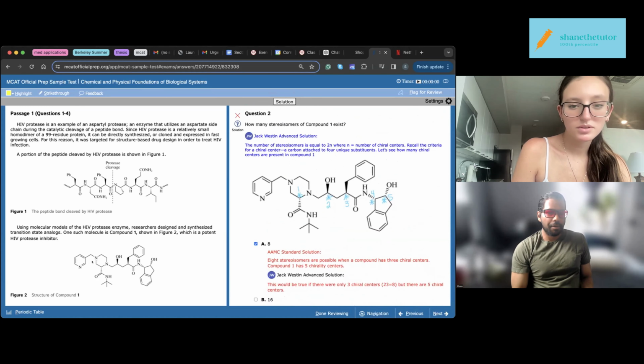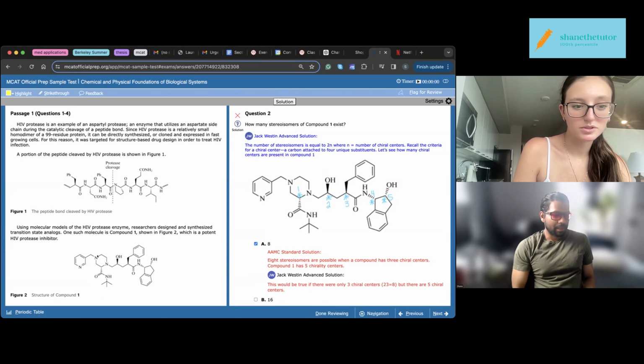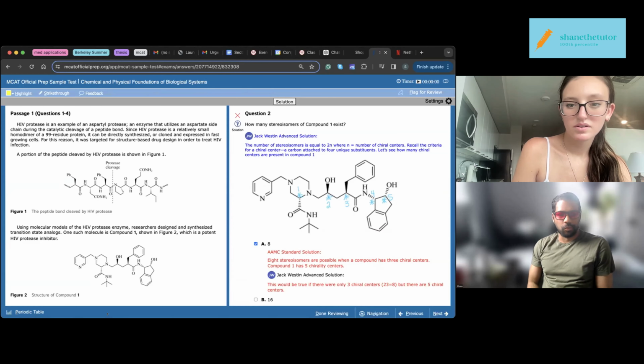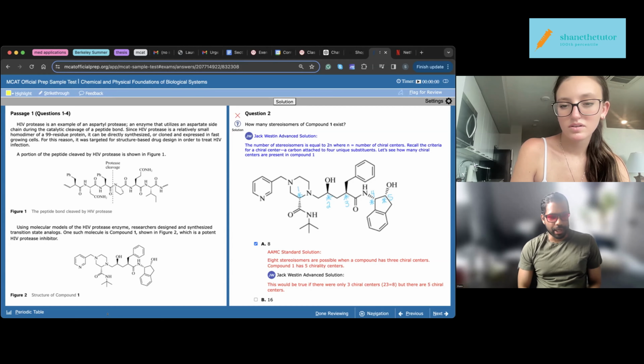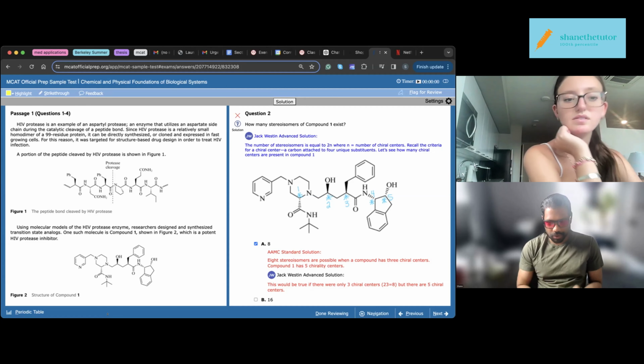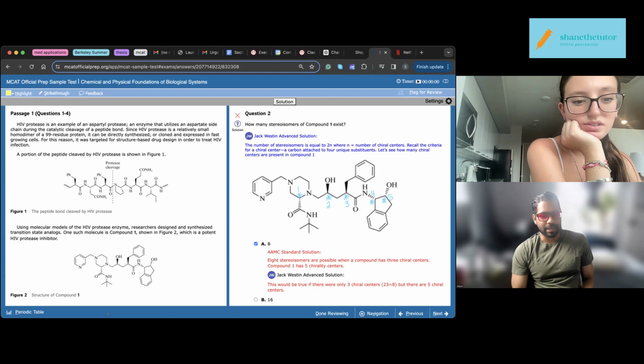I was confused with this one because I literally started counting out every single one, figuring out where the stereoisomers were. To answer questions like this, we just count the number of chiral centers, and a trick for that is if you see a carbon attached to a wedge of some sort, that must mean it's a chiral center.